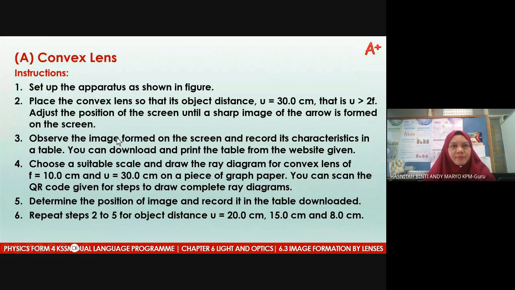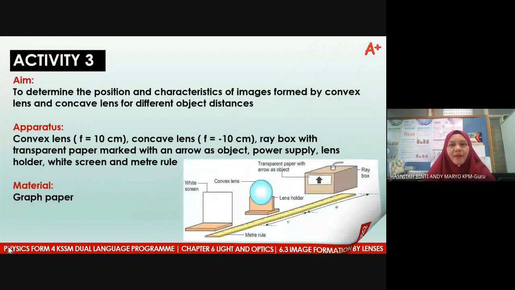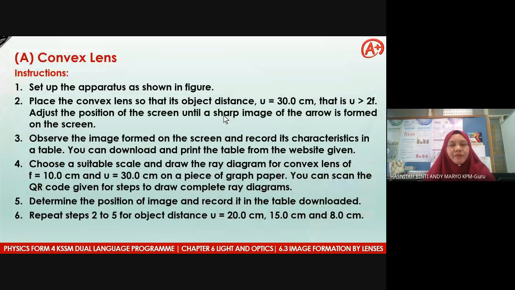So we begin by placing the object distance at 30 centimeter. If we go back to the diagram, first we place this ray box at a distance 30 centimeter from the lens holder, and then we observe the image produced. We adjust the widescreen until it can cast a sharp image on the screen.